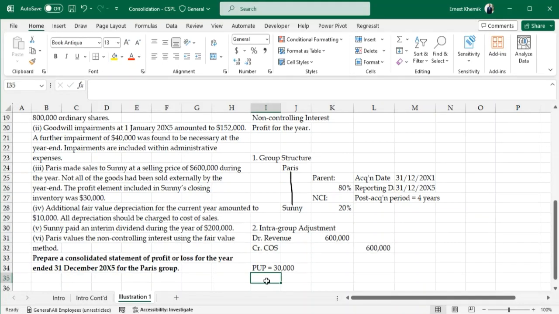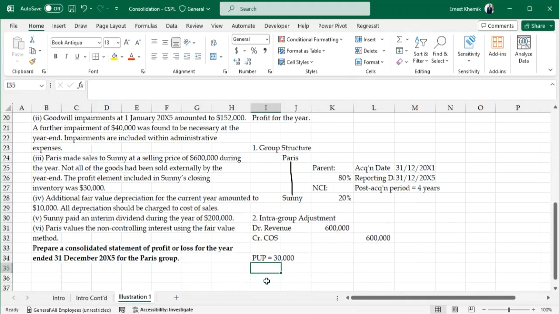So how are we going to do this? Because closing inventory reduces cost of sales, this 30,000 is an increment of the closing inventory. So we are going to reduce its effect on the cost of sales by adding it back.